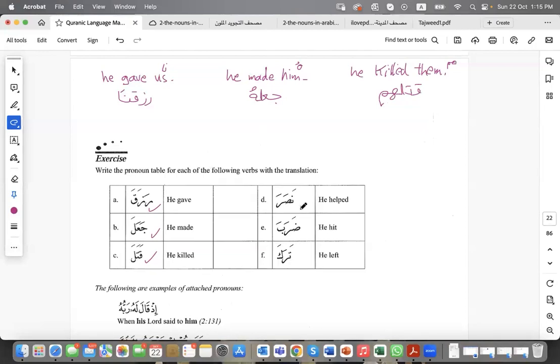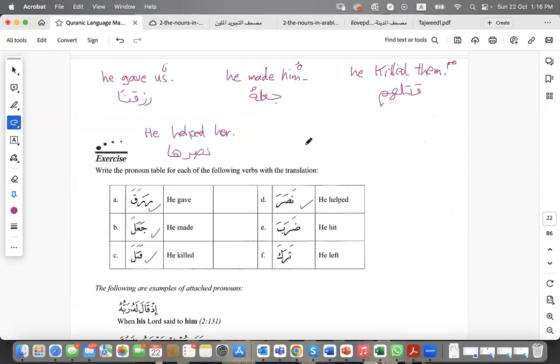Okay, نصر, he helped or he granted victory. So if I would like to say he helped her, I would say نصرها. Like Palestine, may Allah, اللهم انصر فلسطين, may Allah grant victory to Palestine.